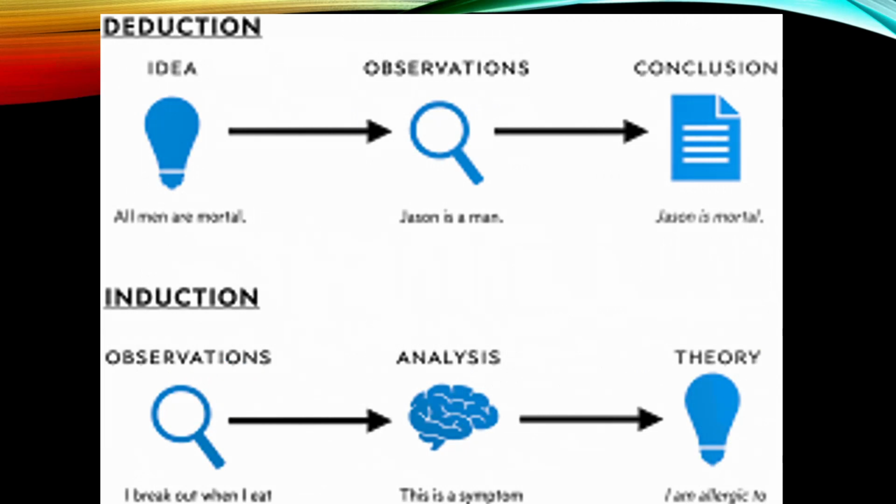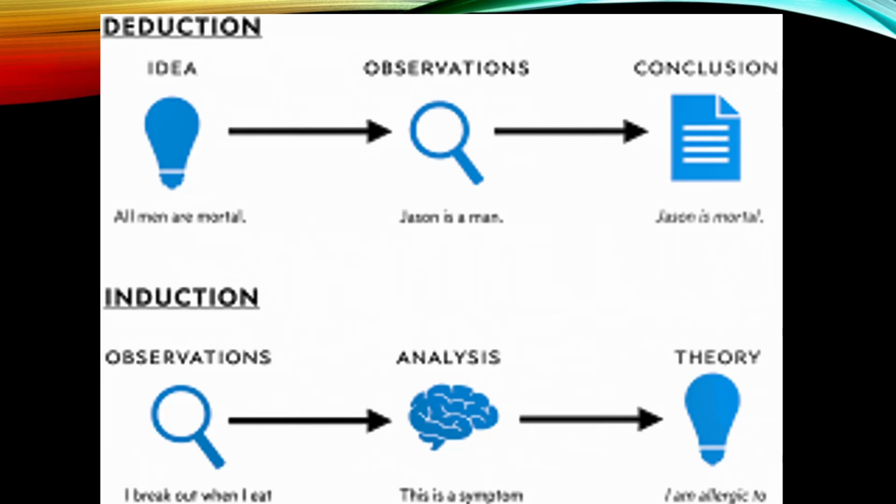There is an interesting example given here. Look at the first one. It is regarding the deduction theory. As we said earlier, all men are mortal. We can say there is an idea about that. We are observing that Johnson is a man, then we can conclude that Johnson is mortal. This is a deduction theory.